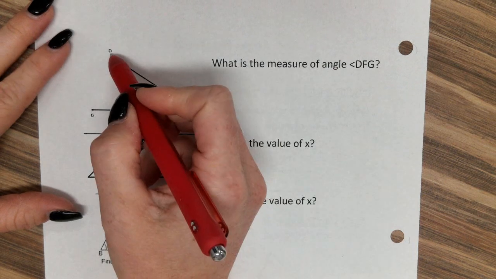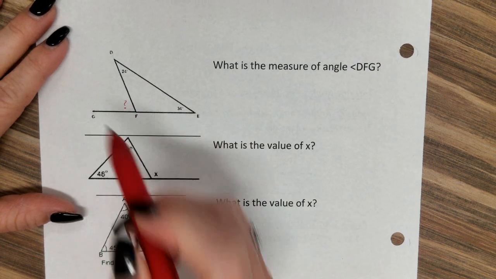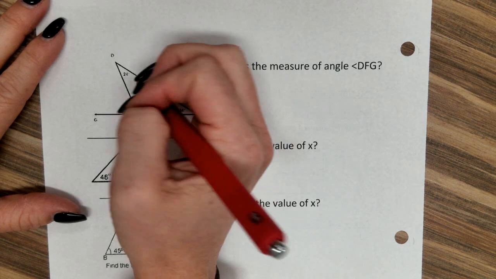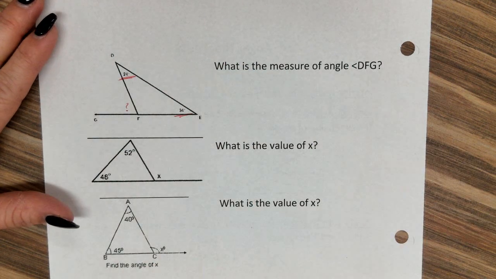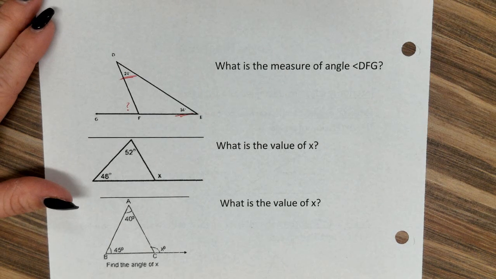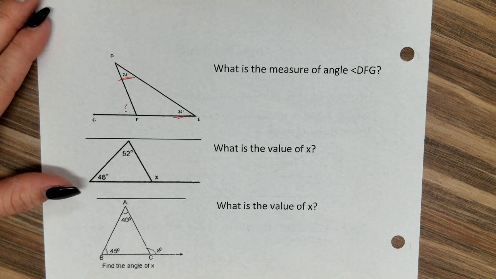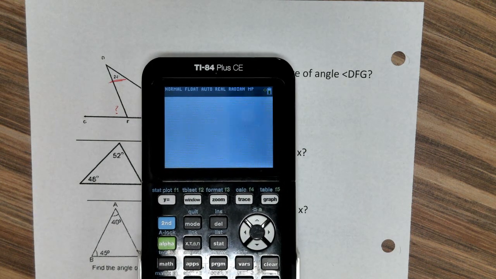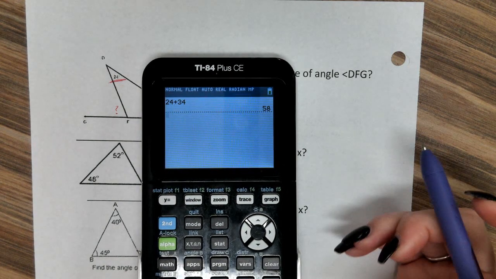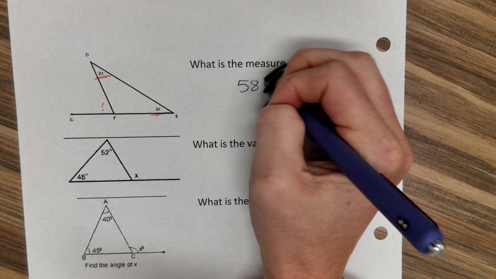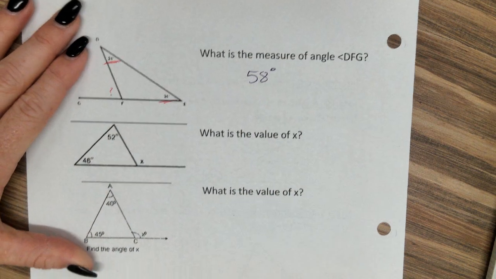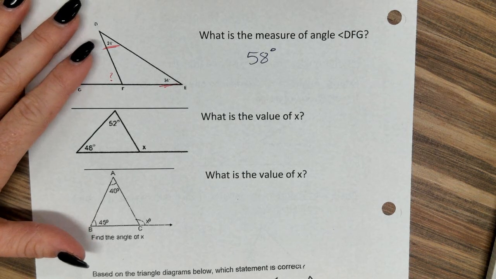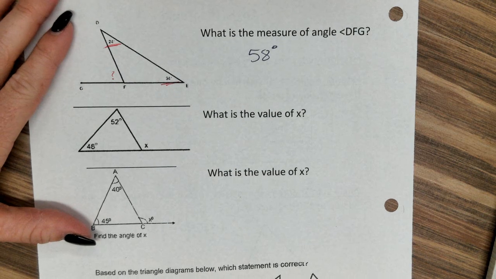Okay, so if I want DFG, then the exterior angle theorem says all I have to do is add those 2 angles. So take your calculator and add 24 plus 34. And what is the answer? So 58 degrees. Super, super easy.